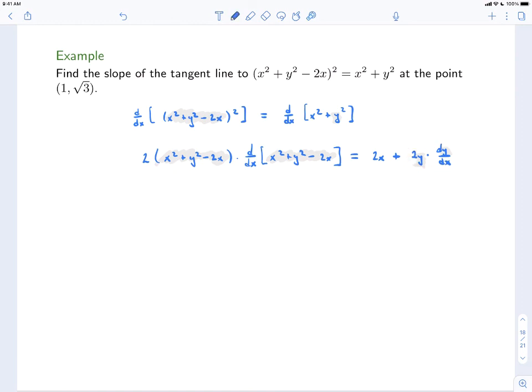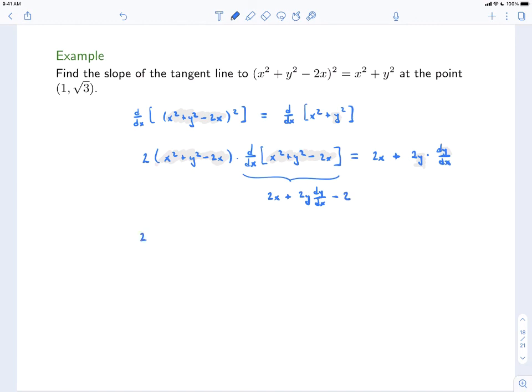Now we also need to compute this derivative right here, so that's going to be 2x plus, and now we've encountered a y squared again, so that'll be 2y dy dx, minus the derivative of 2x, which is just 2.